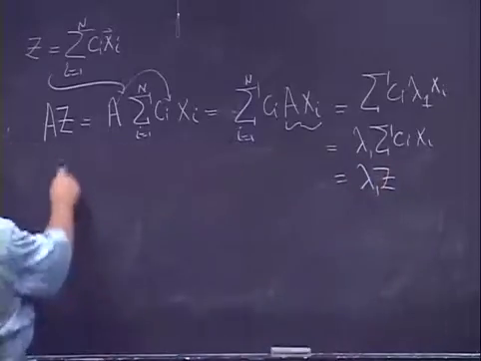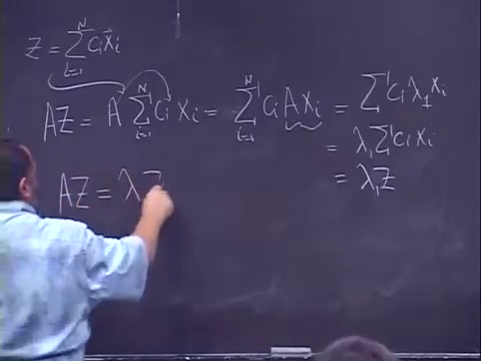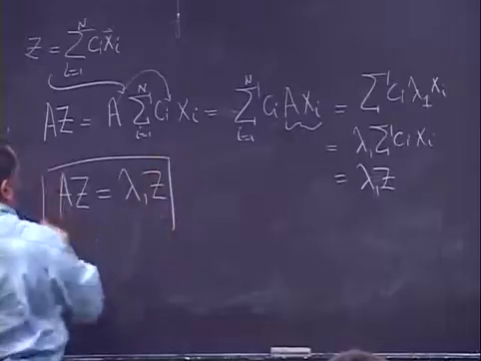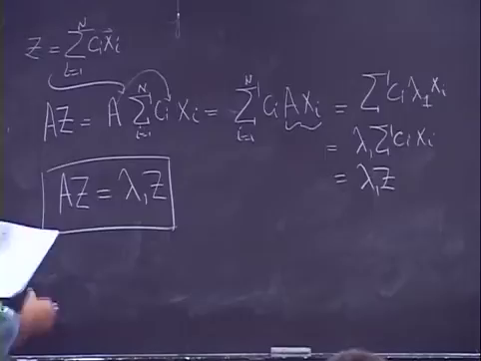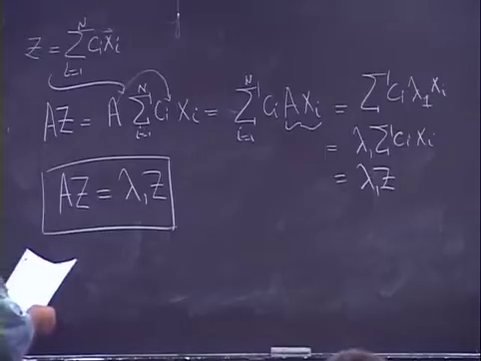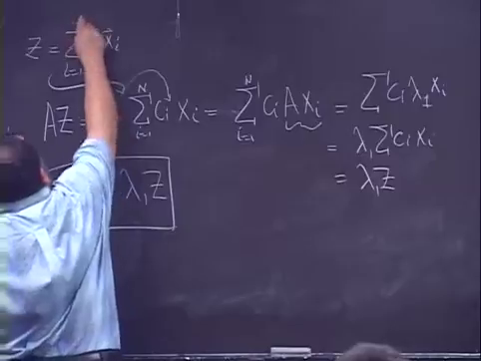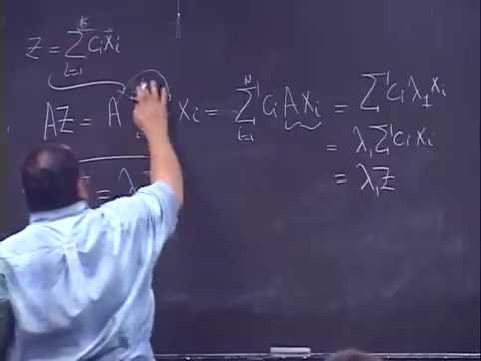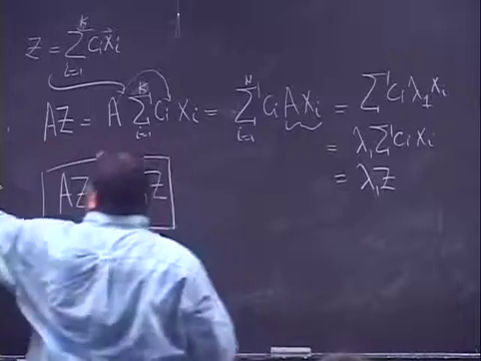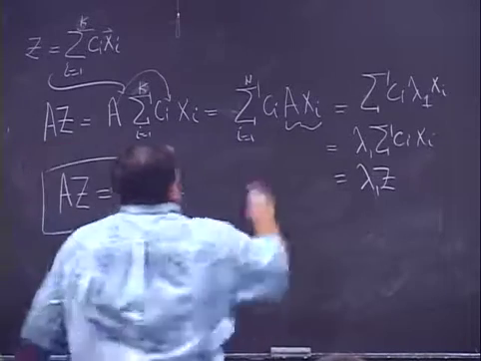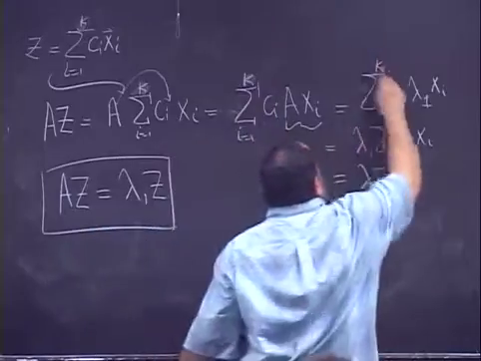So you will end up with A Z equal to lambda 1 Z. And actually, this should run from 1 to k, because only lambda 1 is from 1 to k, not from 1 to n. You did not catch it.